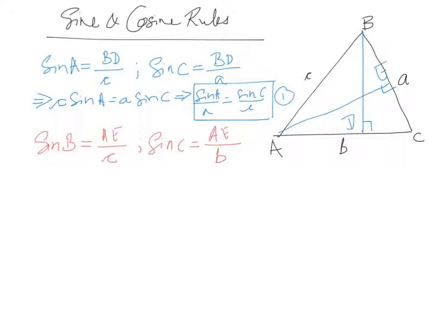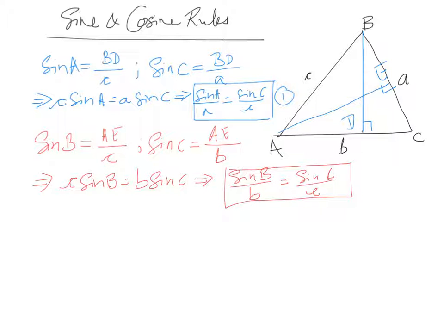And by equating the expressions for AE, we get c sin B equals b sin C, or sin B divided by b equals sin C divided by c. And that's the other equation which we will label 2.